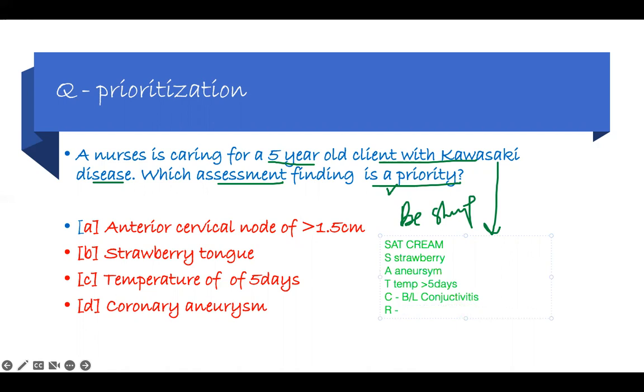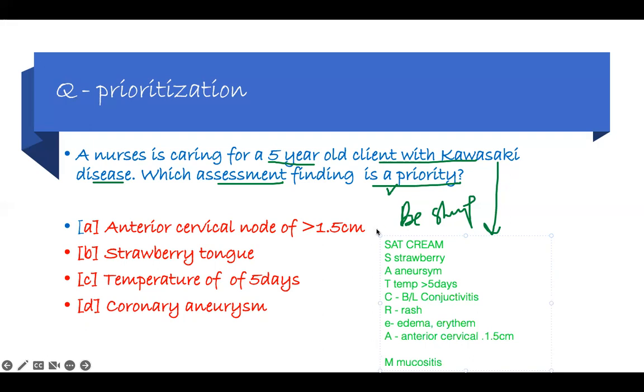R is rash. They have a rash from the head to toe, from the neck down, on all their face. Then E is they have edema and erythema. And the A is they have lymph node, anterior cervical node, that is greater than 1.5 centimeters. And the M is mucositis.